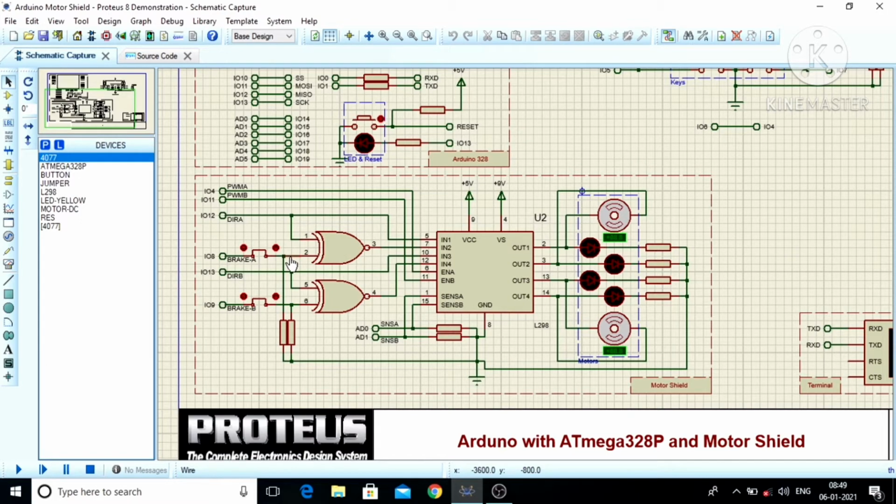Its second pin is connected to the 8th pin, which enables or disables the brakes, and enable A is connected to the 4th pin here. For this assignment we will use only the channel A motor, which is connected to output 1 and output 2.